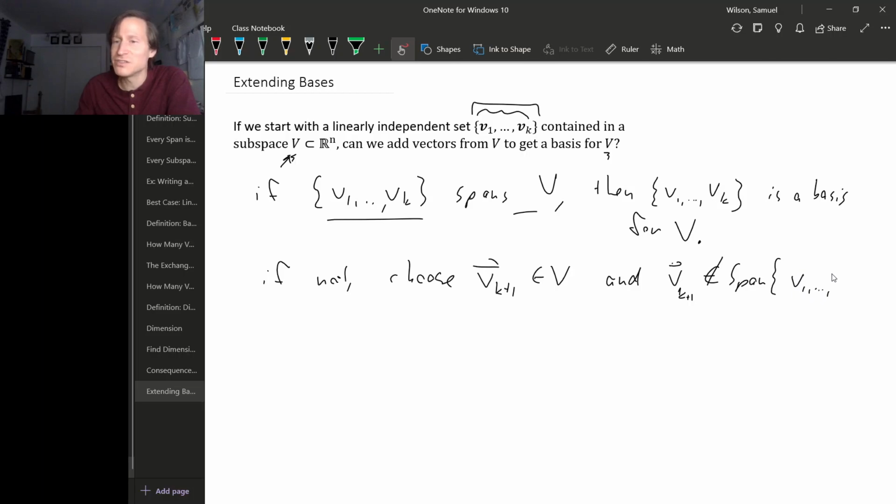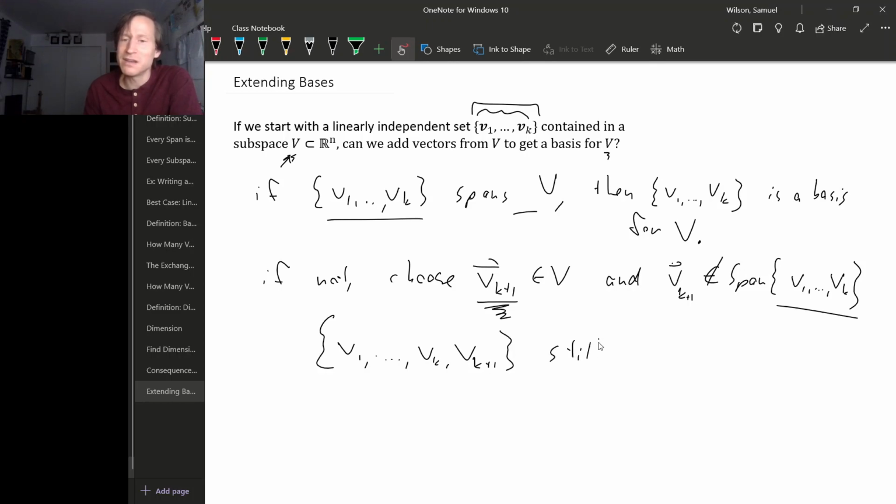If the previous vectors don't span all of V, there must be something else in V that we can choose here. All right, but one thing we've seen in the past is if you start with a linearly independent set and you include a vector not in the span of that linearly independent set, the resulting set is still linearly independent. So v1 through v sub k, and then adding on v sub k plus 1, is still linearly independent.